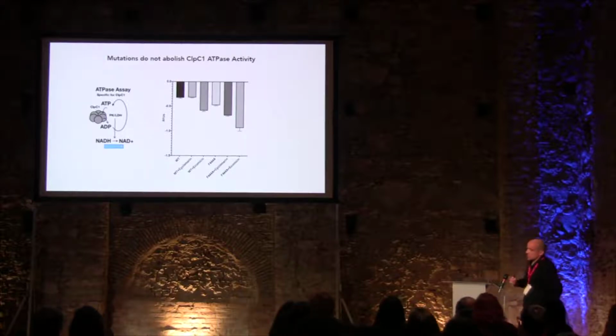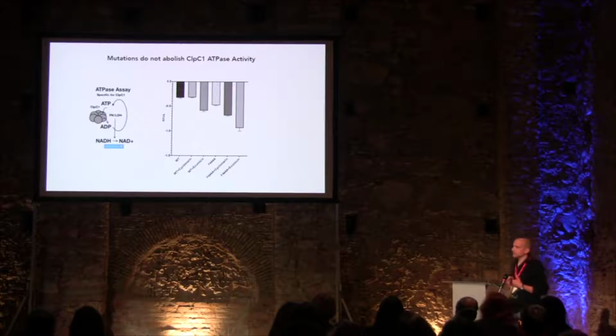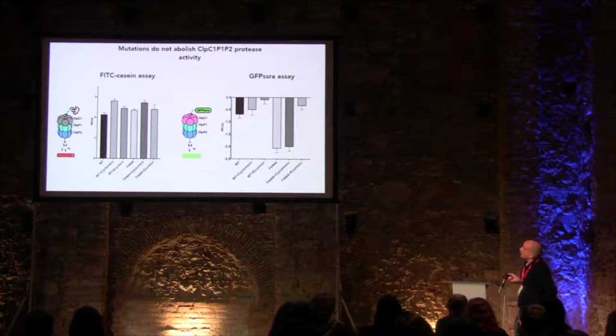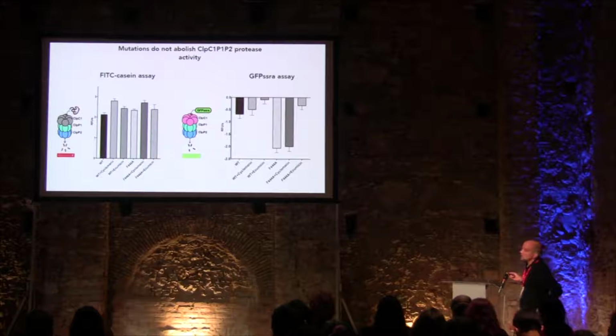It shows that this mutant, despite being a modification, obviously, was still going to give us some information on how these drugs would work, and they didn't abolish the function of the enzyme.